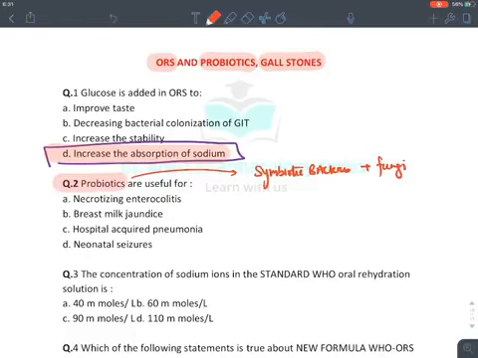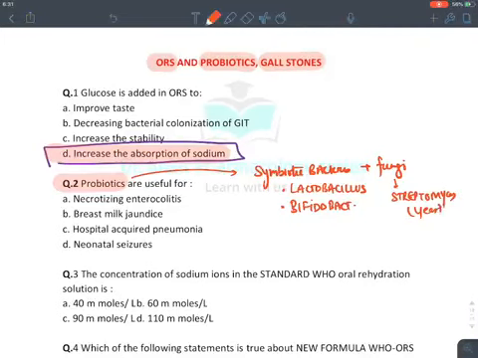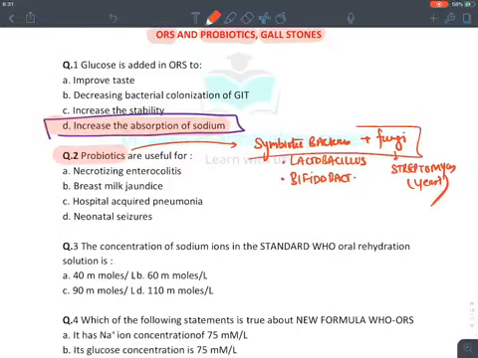So these bacteria could be various types like lactobacillus, bifidobacterium, and fungi like yeast, etc. So why are they given? Remember, these bacteria prevent the growth of harmful organisms, they maintain a healthy environment. So the point is where they are given.